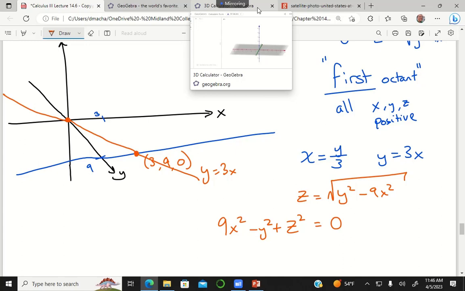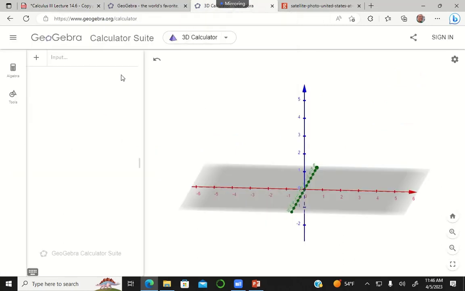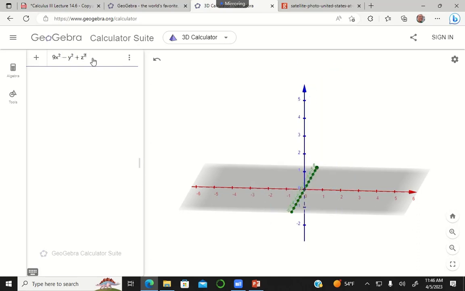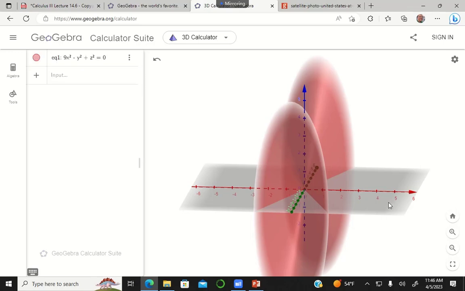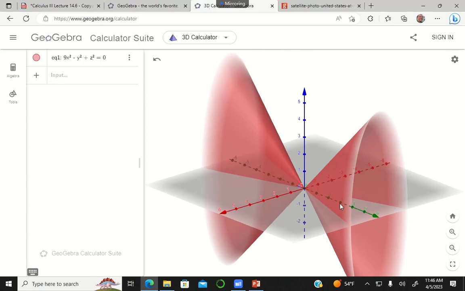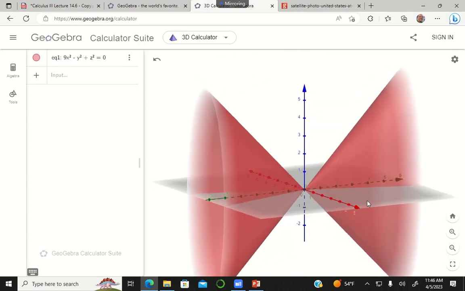So, 9x squared minus y squared. Okay, so this is a cone. It's a cone, which is kind of a limiting case of a hyperboloid.